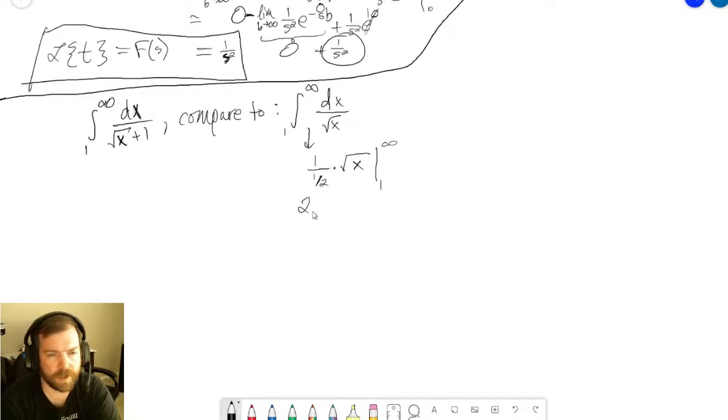Here we get 2 square root of x evaluated from 1 to infinity, and then we can alter this so that we get the limit as b goes to infinity of 2 square roots of b minus 2 square root 1, which in this case, square root of 1 is just 1. We get minus 2 at the end.